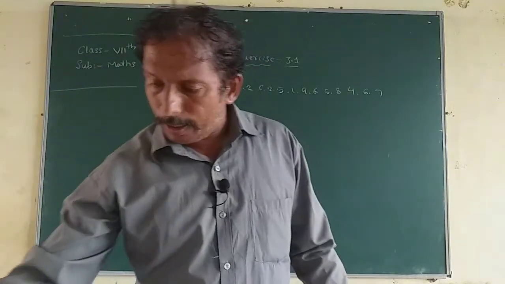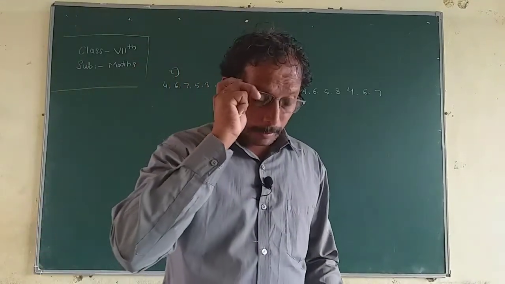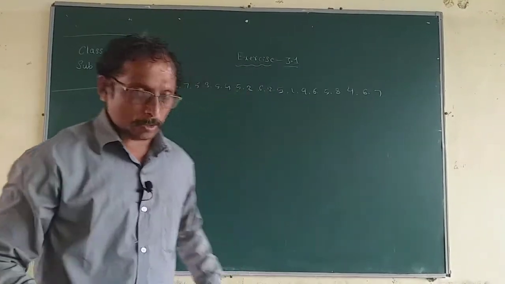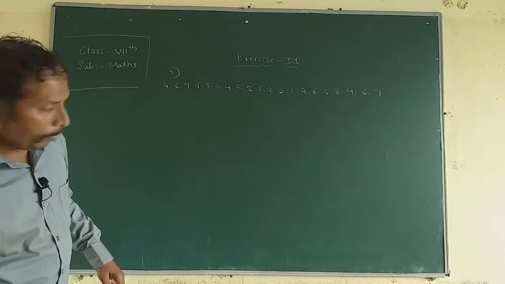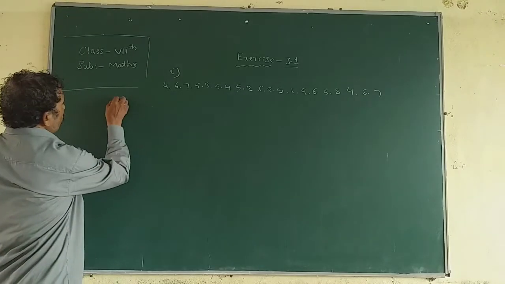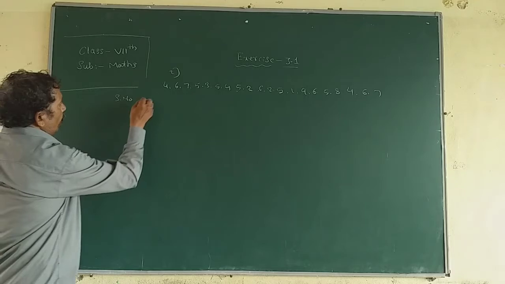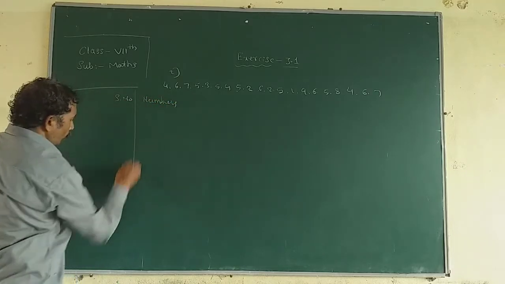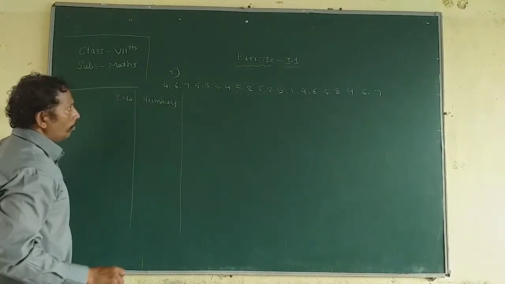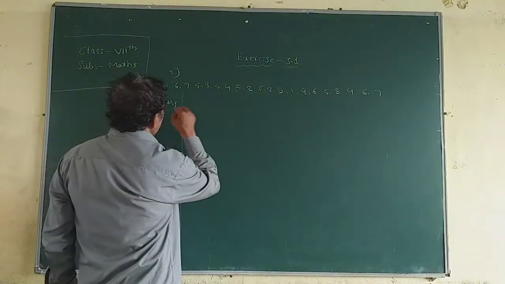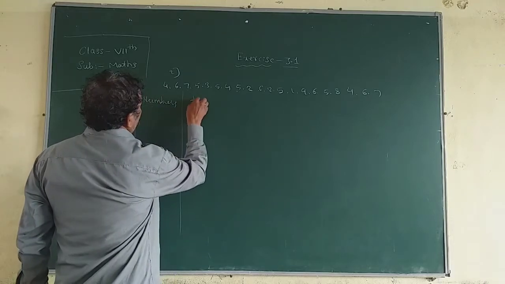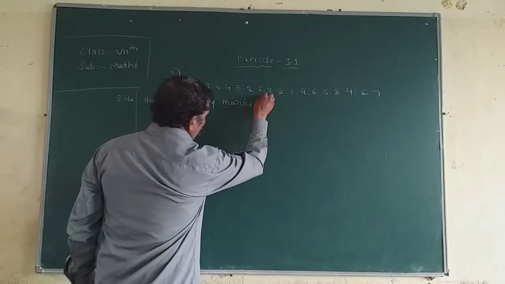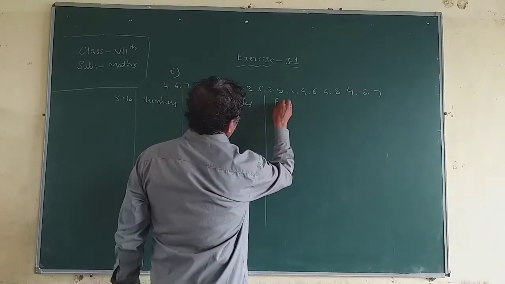Now, arrange these given observations in the class assessment. So, prepare the tabular column. First column serial number, then numbers, and then tally marks. Then frequency.